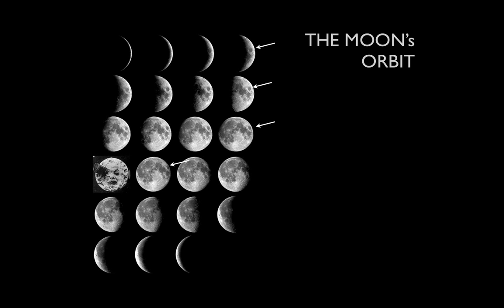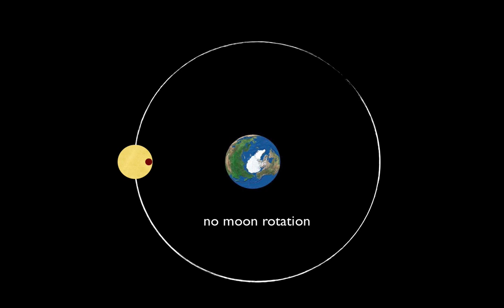How can this be? We saw before that our view of the moon changes drastically as the moon travels through its orbit. We can visualize what's happening with a simple schematic. I'm representing a specific location on the moon by this red dot, and I'm going to now move it throughout its orbit.